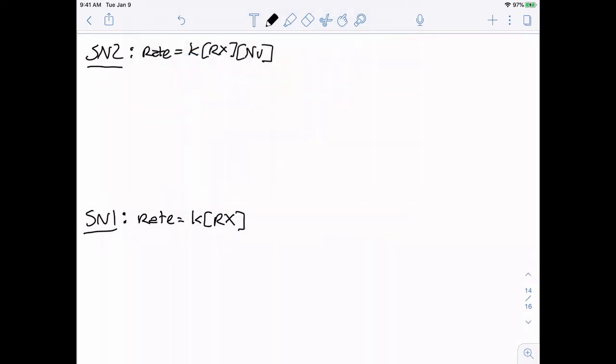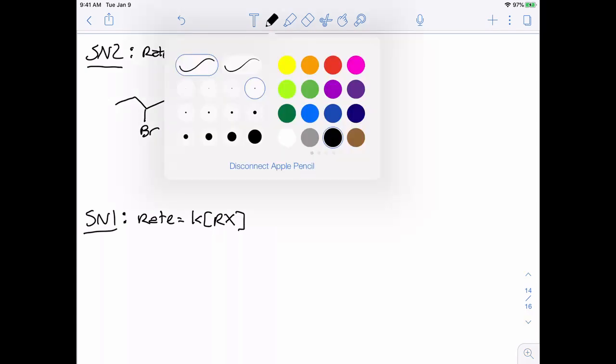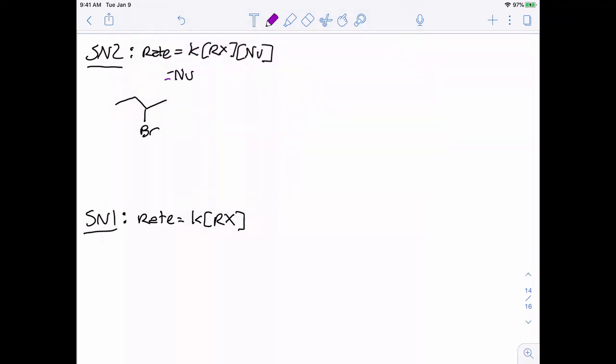So doing a quick mechanism on this one. Remember with SN2, and I'm just going to use a generic Nu for nucleophile. The nucleophile attacks at the same time that my leaving group leaves.